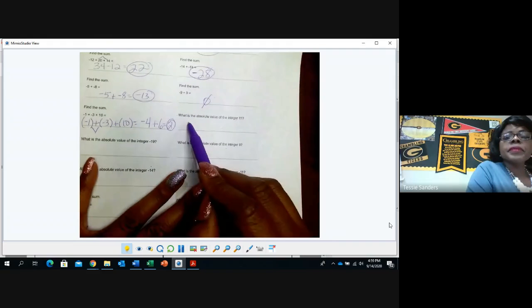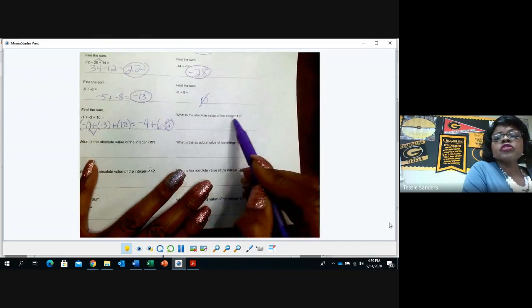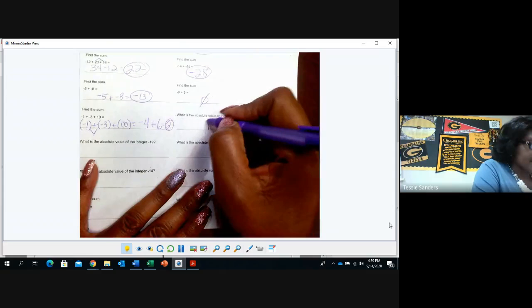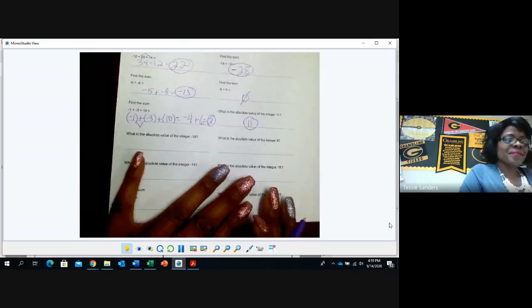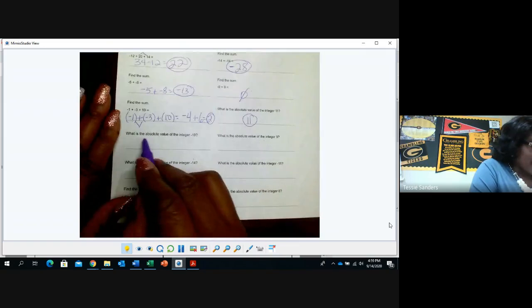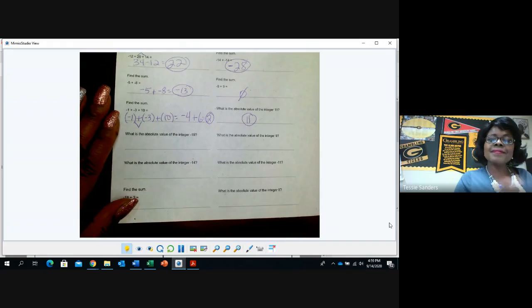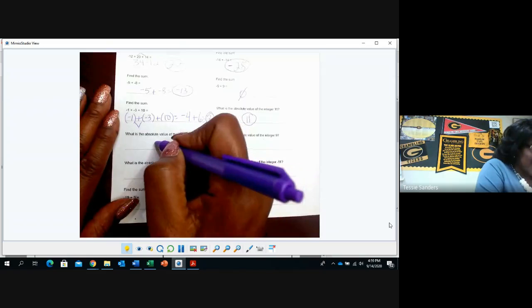What is the absolute value of the integer 11? 11. What is the absolute value of the integer -19? 19.